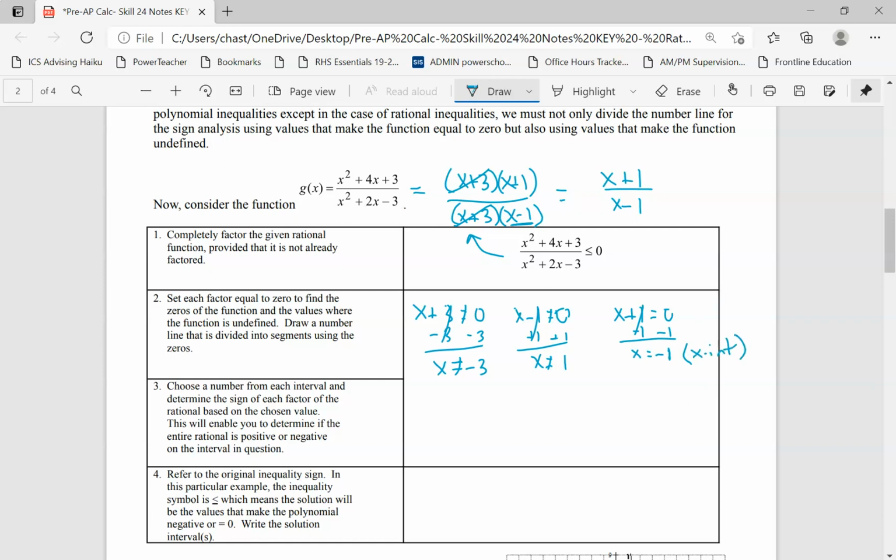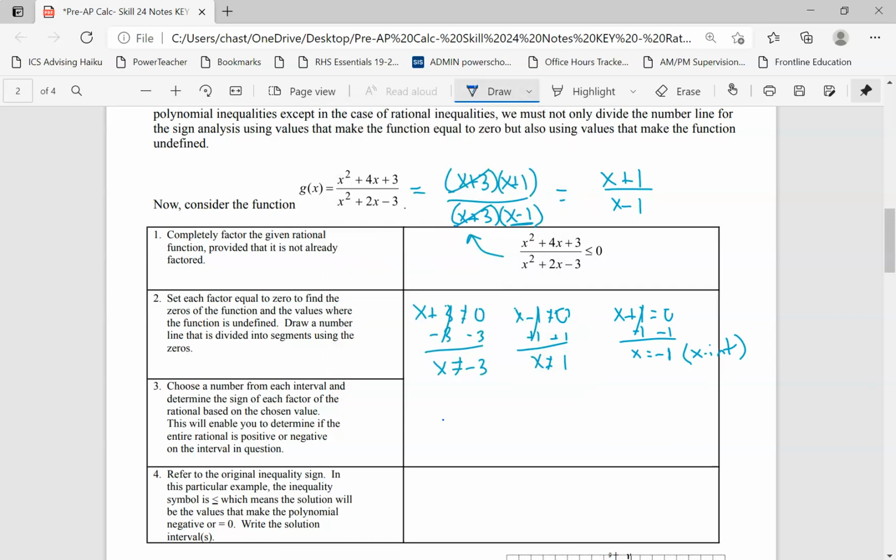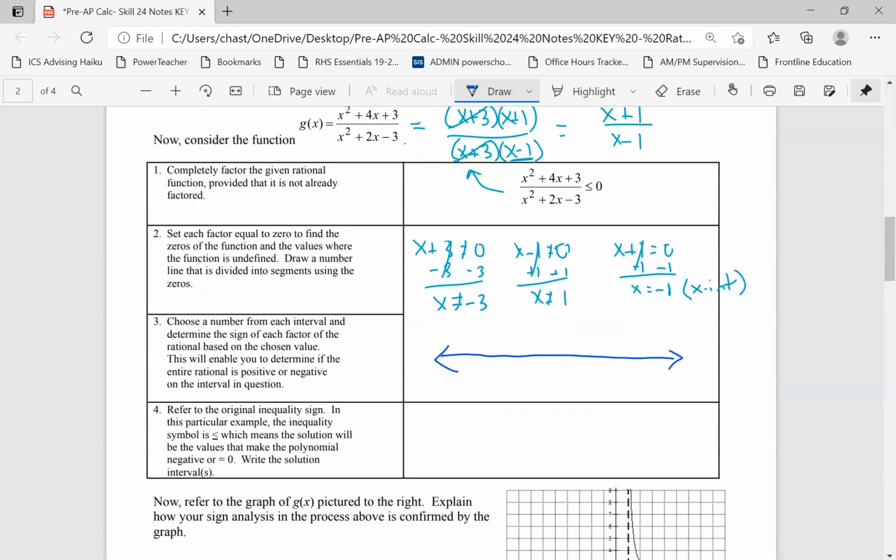Okay, so we're going to draw a number line just like we've done before, and identify those critical values: negative 3, negative 1, and 1. We're going to choose a number from each interval and determine the sign of each factor of the rational function based on the chosen value.